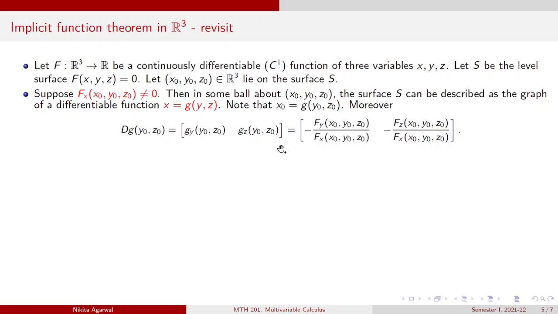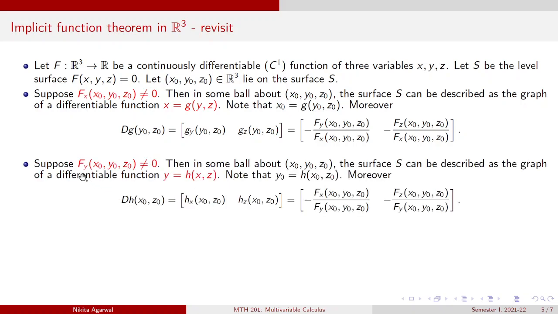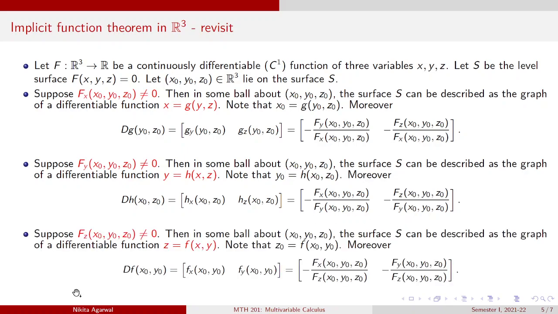Okay. Similarly, if f_y, the partial with respect to y, is non-zero, then you can write y as a function of the other variables, and you have similar expressions here. Note that in the denominator you have f_y, and similarly if f_z, the partial with respect to z, is non-zero at this point, then z can be expressed as a function of x and y, and the derivative matrix is given by this.